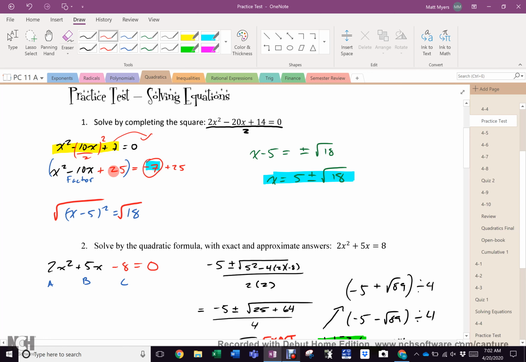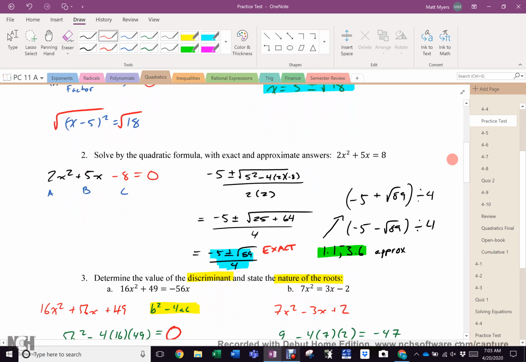Half of 10 divided by 2 and square, 5. Negative 7 plus 25 is 18. Square root both sides, plus or minus the square root of 18. Move the 5 over. Quadratic formula. Move the 8 over right there so you have a C. Run it through the quadratic formula. Remember, this is exact. This is approximate.